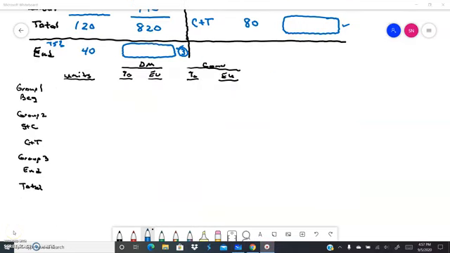So what I've done is I've laid out a little grid here, and organized them into groups. We have group 1, which is the beginning inventory, work in process inventory, group 2, which is started and completed units, and group 3, which is the ending inventory units, and that should give us our total.